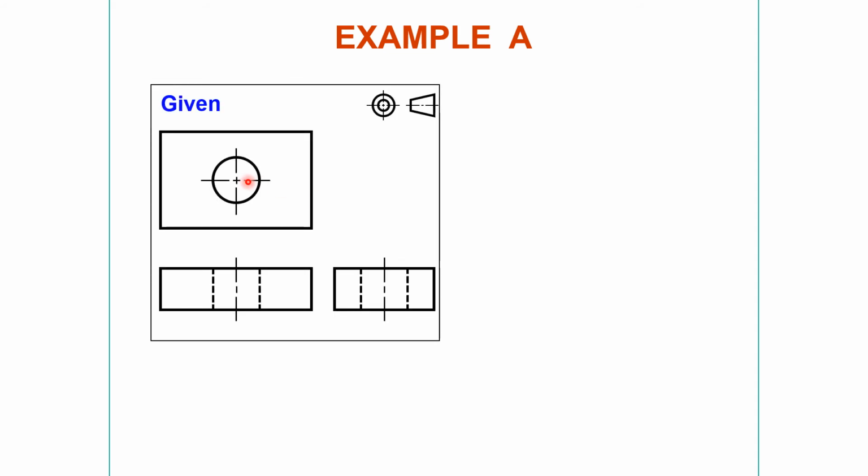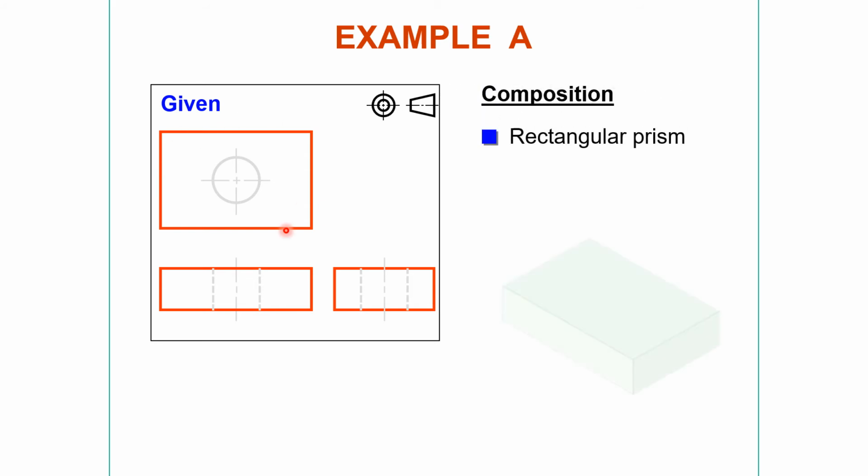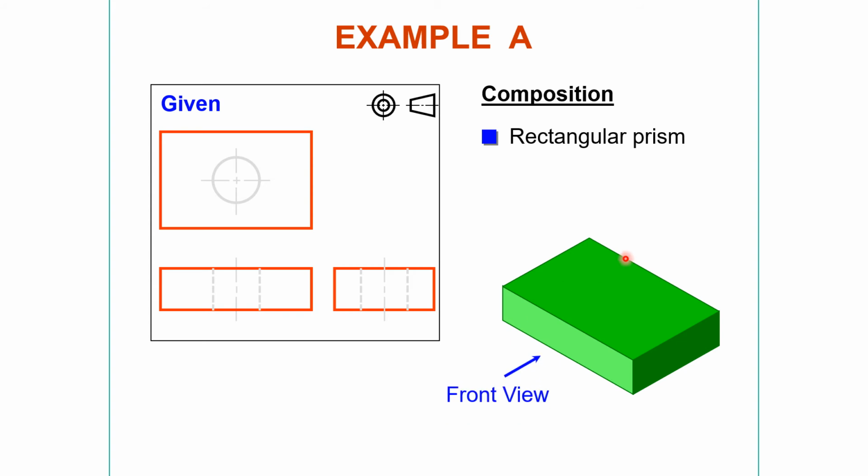So here, example A. Here is an orthographic view: top view, front view, side view. So what is meant by primitive? Here you can see a rectangle with a circle inside. First of all, we will draw the rectangle. That is our first primitive, a rectangular prism. Top view, front view, side view show a rectangular prism.